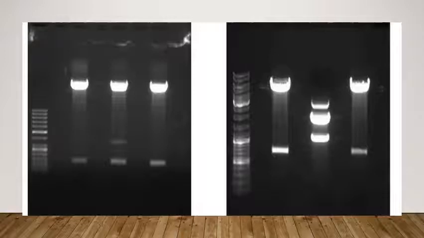So after the completion of the migration of the particles towards the opposite end, we take out the gel and visualize it in this UV absorbance detector, and we can observe certain bands.